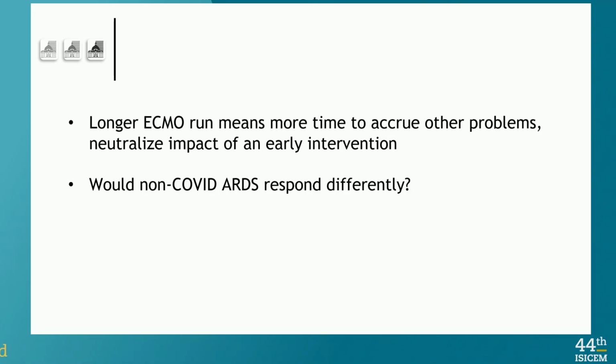And we know that problems related to ECMO are quite significant: you have bleeding, you have superinfection, many things could happen during a long ECMO run. So maybe this very long ECMO run and all the potential complications induced by ECMO could neutralize the impact of an early intervention. So we can maybe think that a non-COVID ARDS patient would respond differently.